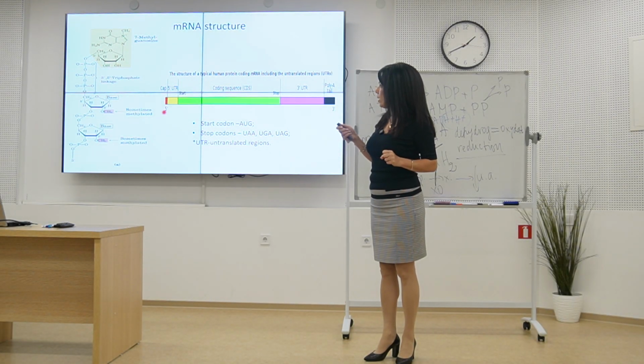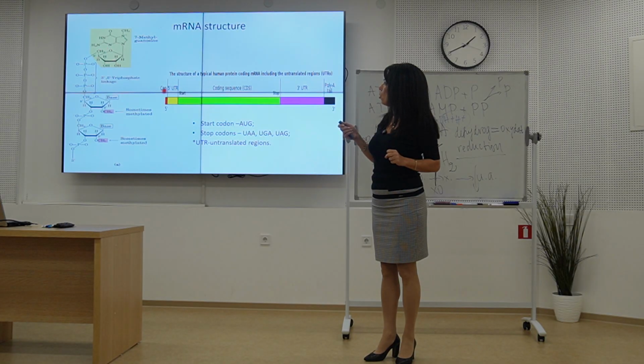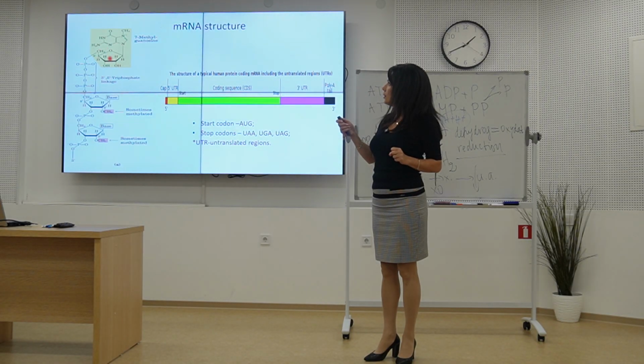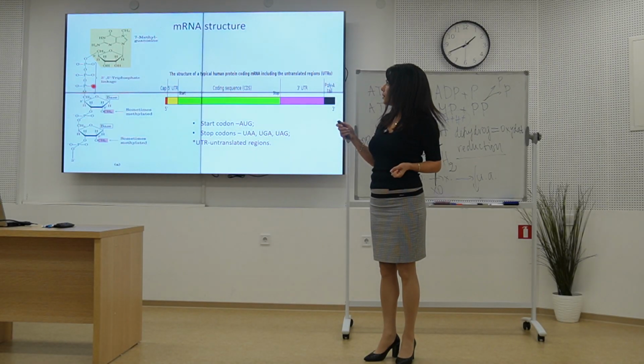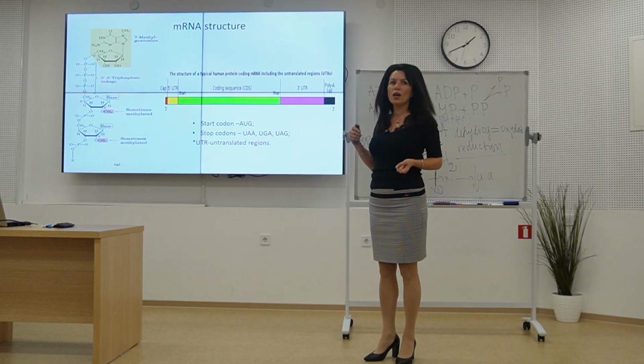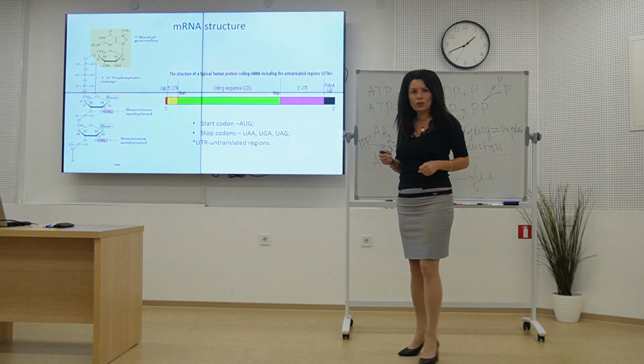In the 5' end there is the so-called cap. This cap is formed by the formation of 7-methylguanosine triphosphate. The link is a 5'-5' triphosphate linkage.